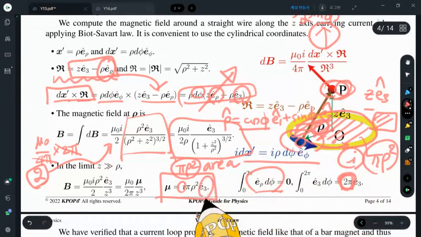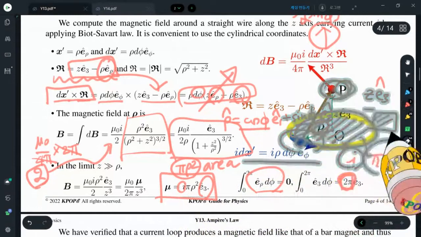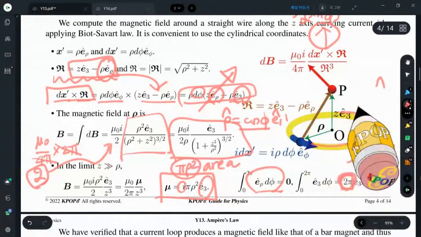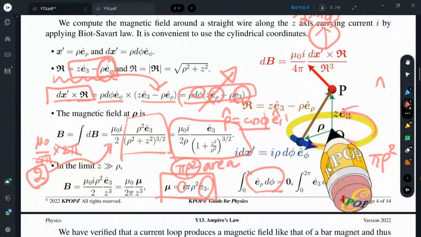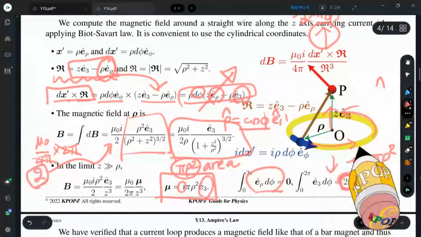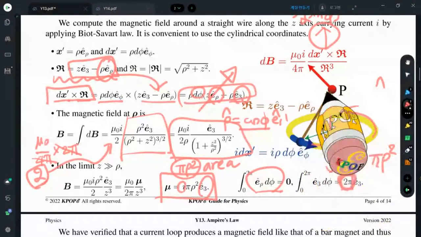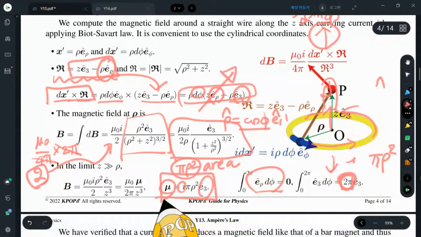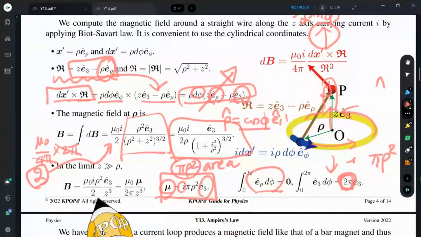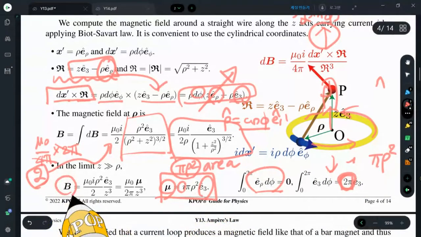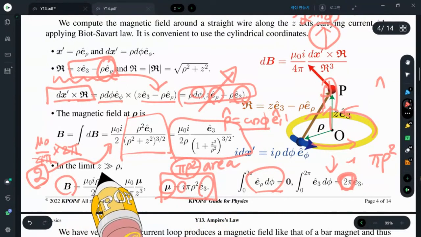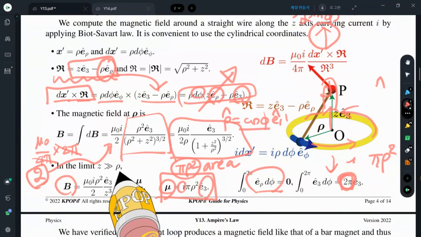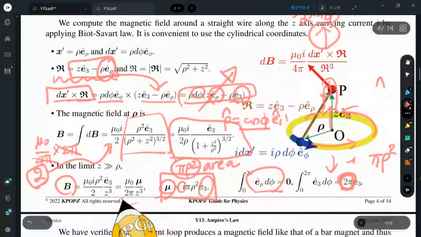And the direction is normal to this plane, but this orientation is either this or that, so use your right hand to find the direction of your thumb. That is the direction of the magnetic dipole moment. Using this relation, we can re-express this magnetic field when z is much larger than rho.